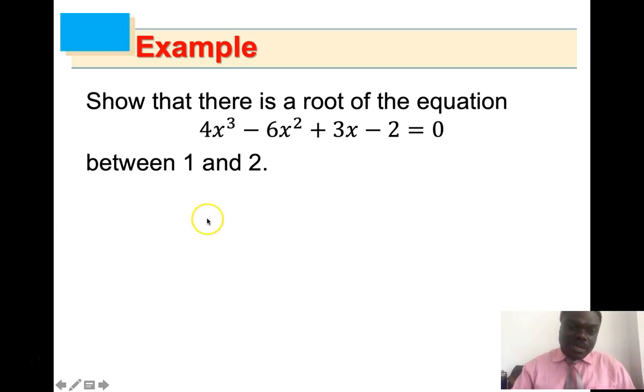I have to then explain that f of 1 is negative and f of 2 is positive. Because this function is continuous from 1 to 2, therefore it must pass through 0. To go from negative to positive, it must pass through 0. Okay.